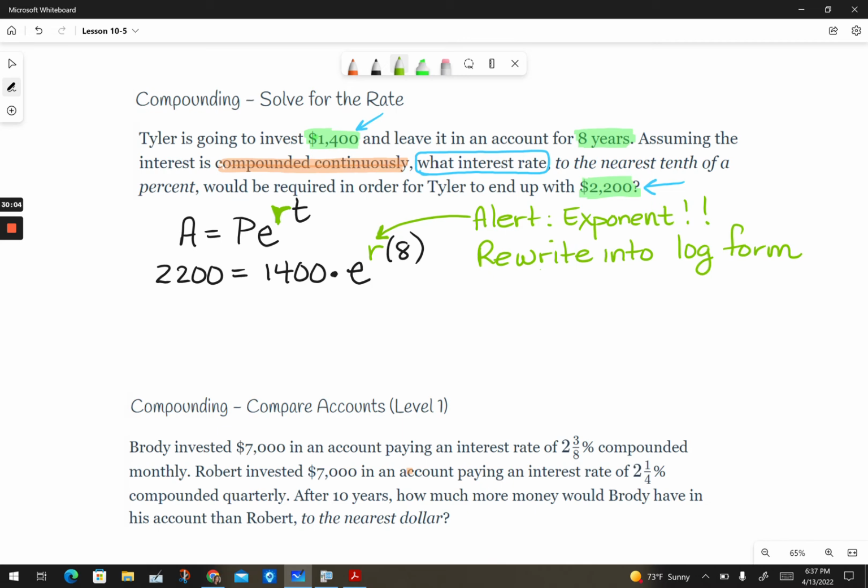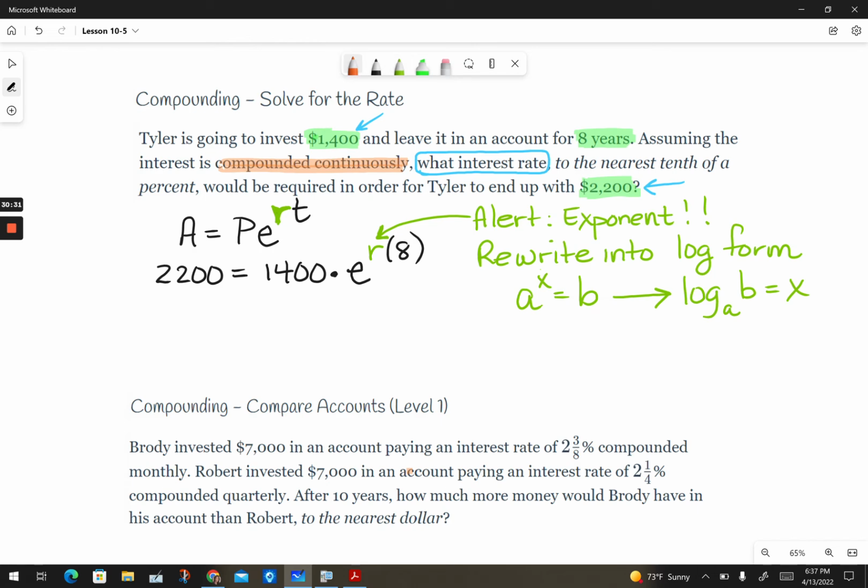So right now our a should be the number that's with my exponent, x, right? So therefore, right here, this e, my irrational number e, that's my a. This right here, r times 8, is my x. And this right here is my b.